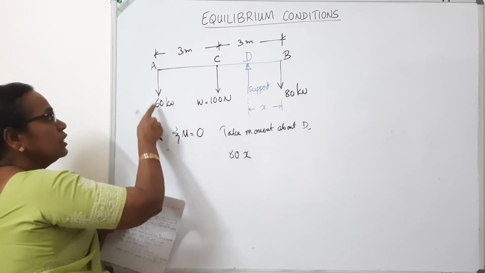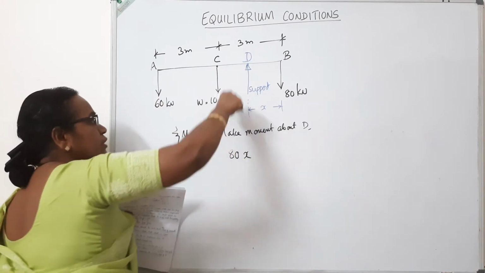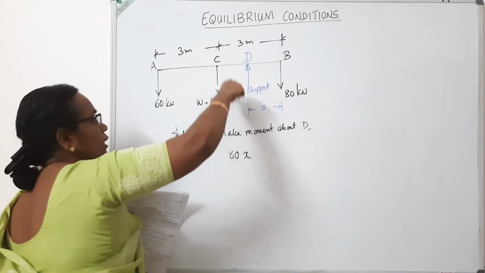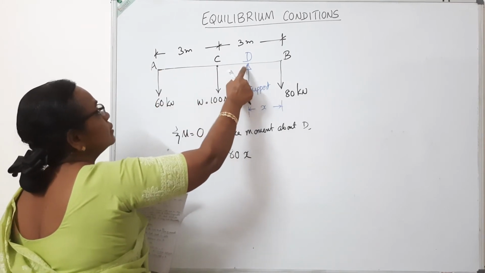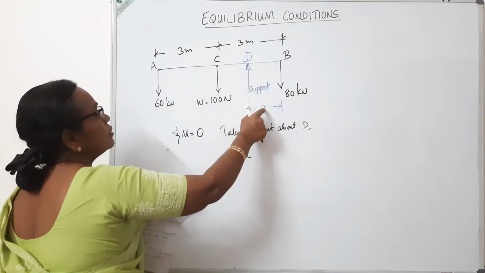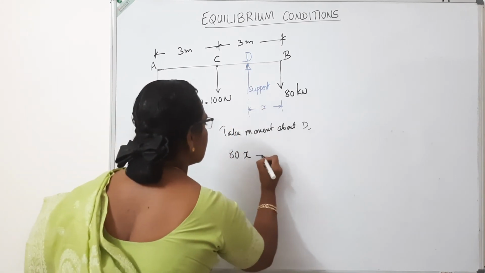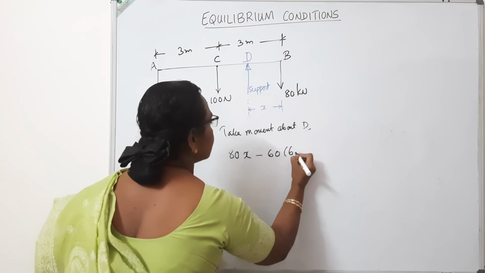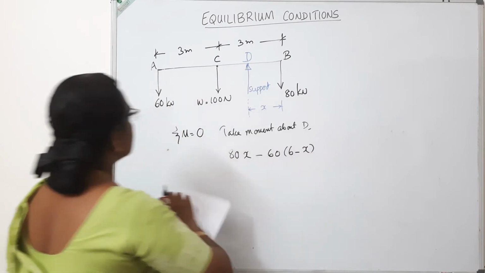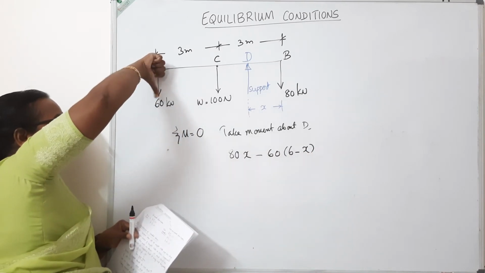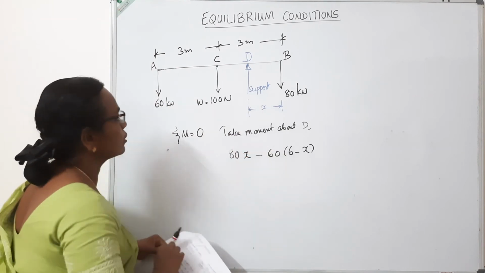What about the 60? The 60 will produce an anti-clockwise moment. If this is 6, the remaining distance is 6 minus x. Place your thumb like this, rotate anti-clockwise. So 60 into 6 minus x.